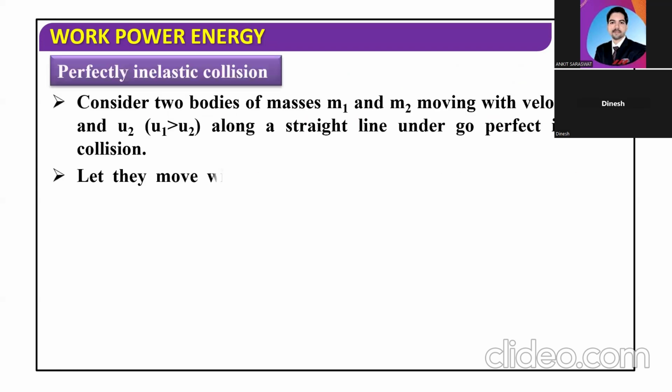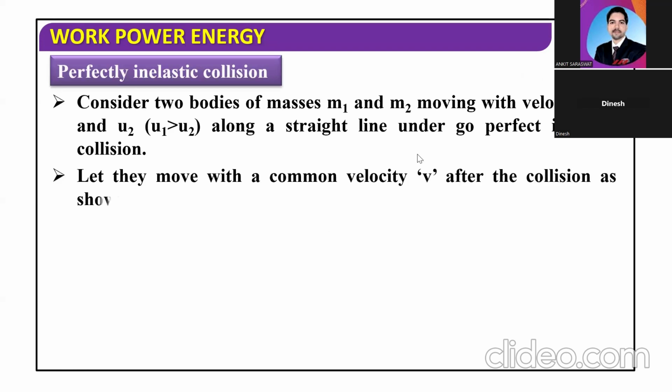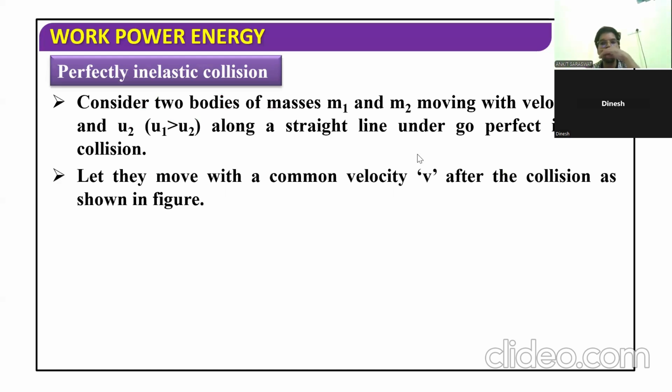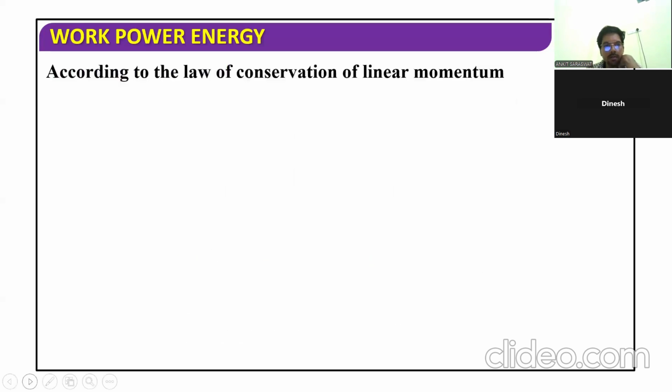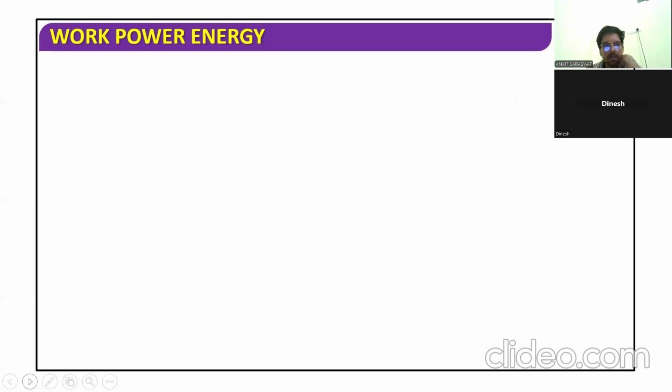So consider two bodies of mass m1 and m2 moving with velocities u1 and u2 along a straight line and undergo a perfectly inelastic collision. Did I discuss this? I think I have discussed this also. Yes, we have discussed.